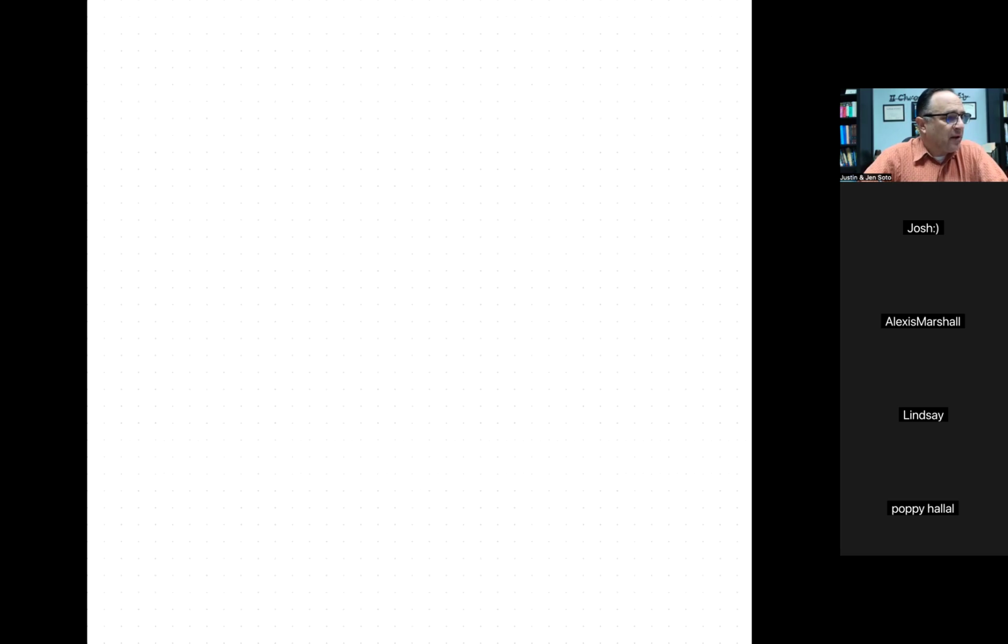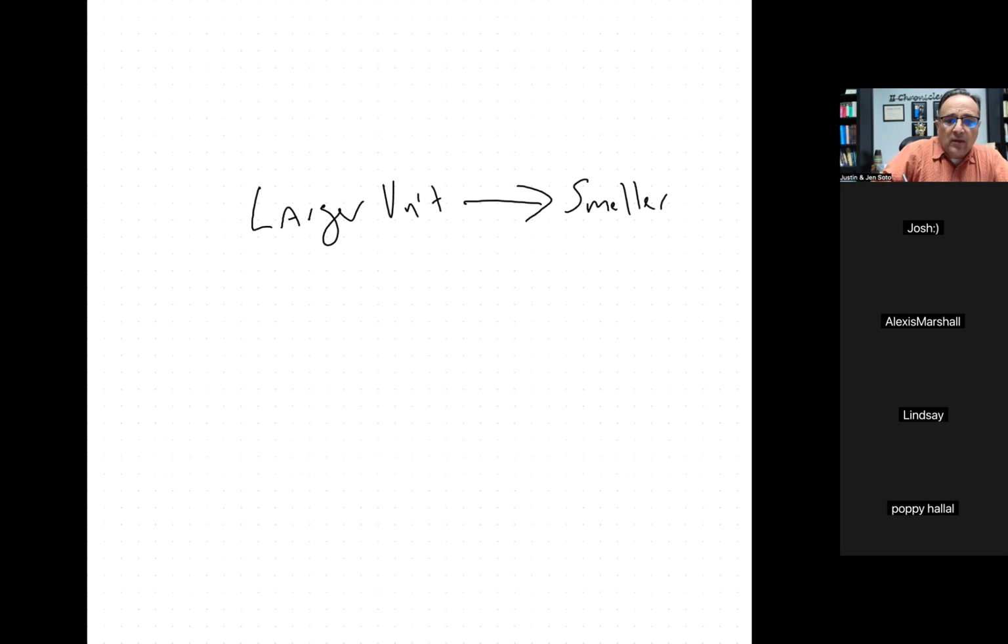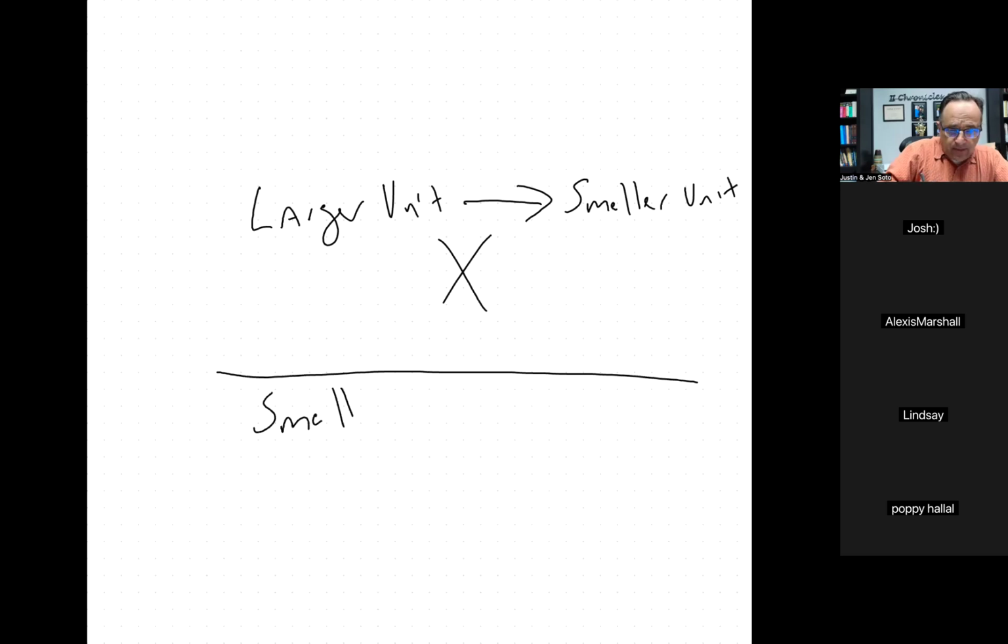Number one says convert 8 feet to inches. I want you to write something down. If you go from a larger unit of measurement to a smaller unit, you are going to multiply. If you go from a smaller unit to a larger unit, you're going to divide.